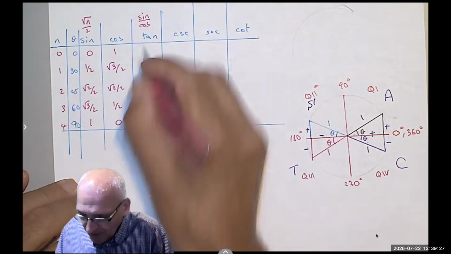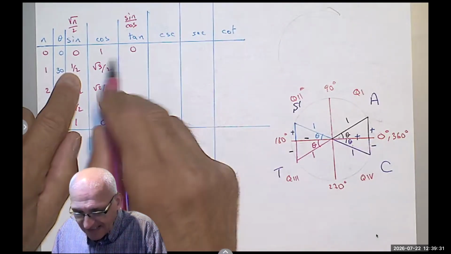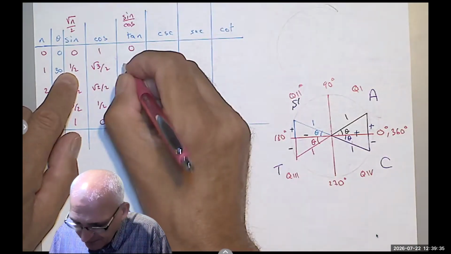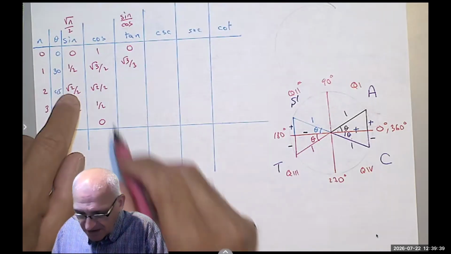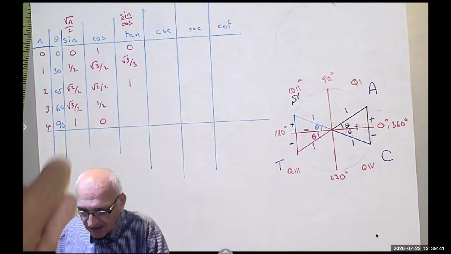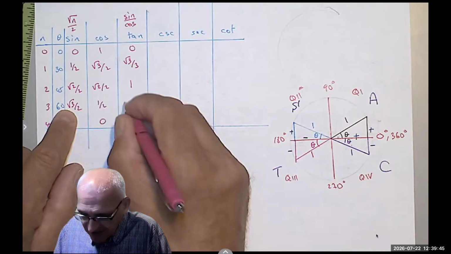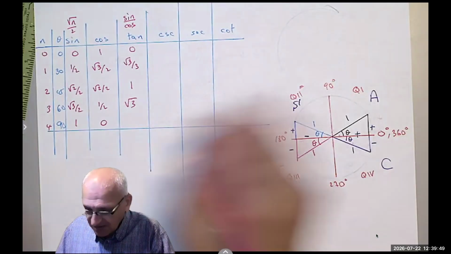I divide 0 by 1, I get 0. I divide 1 half by that, the 2 cancel, and you get 1 over root 3, which some people prefer to write as root 3 over 3. This over itself is 1. This over 1 half is like multiplying by 2, so the 2 and the 2 cancel, and you get root 3. This is 1 over 0, so it's undefined.